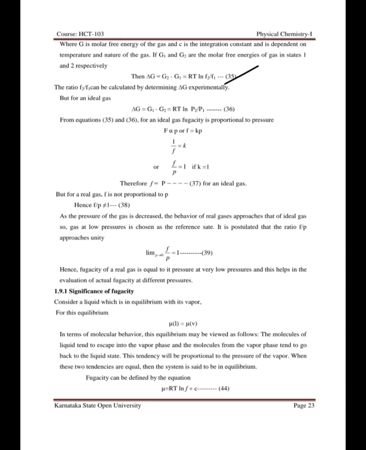If you want delta G, the molar free energy change of the gas, that can be calculated by substituting G2 minus G1, the gas in state 2 minus the gas in state 1. That gives us the equation 36.